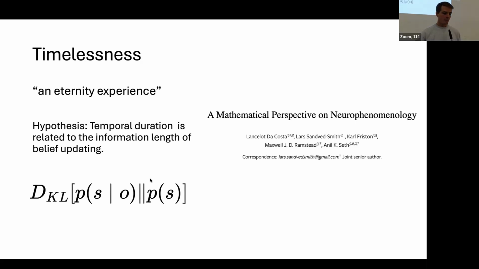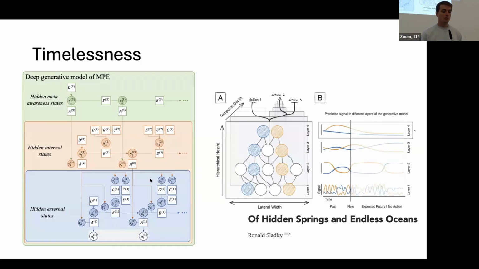In this paper that we preprinted just a couple of days ago, we make this proposal that temporal duration specifically can be related to the information length of the belief updating. And so a timeless experience, or an experience with no temporal duration, but perhaps still persistence, would be a situation where this information length goes to zero. So where moment by moment your posterior beliefs are not changing so much. And why would that happen during MPE, or at least during an absorption?